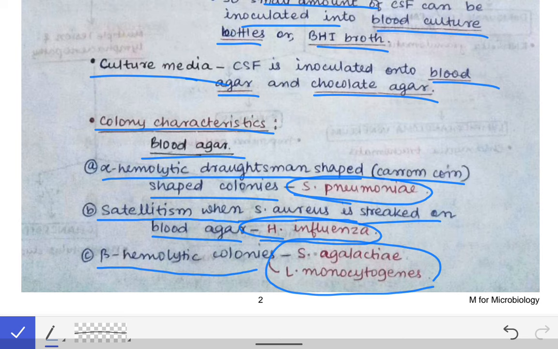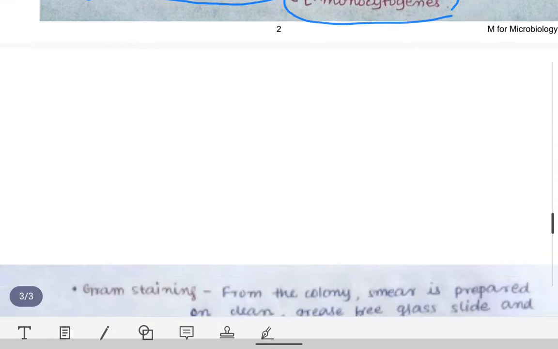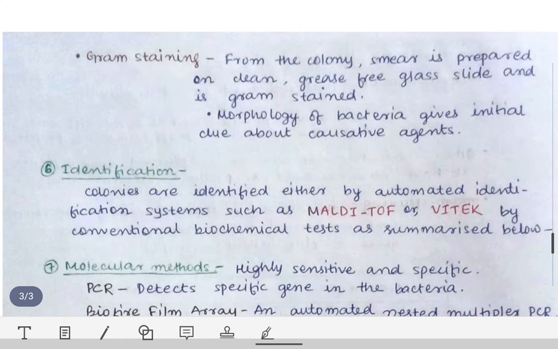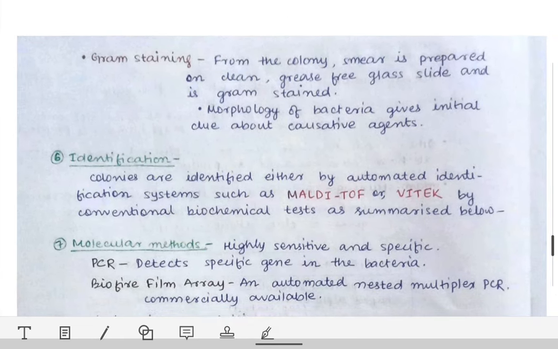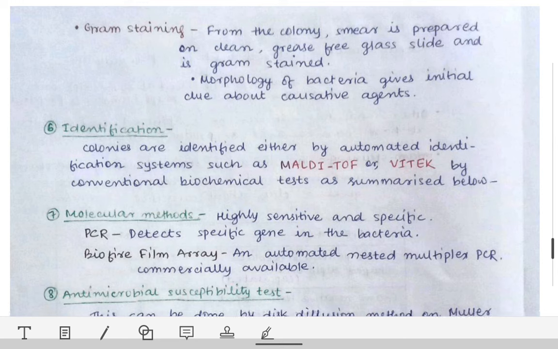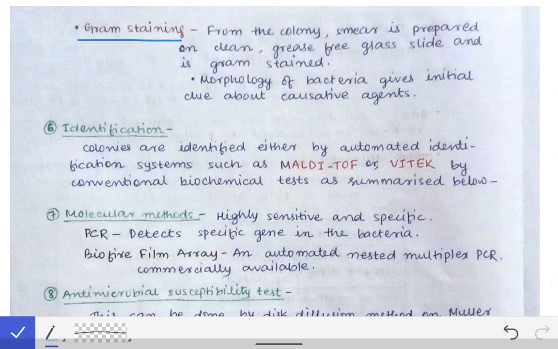So remember, these colony characteristics are helping us in getting a clue about the causative agent. That's why they are also important, as they are helping in the lab diagnosis of the bacteria. Now after the colony characteristics, we gram stain.